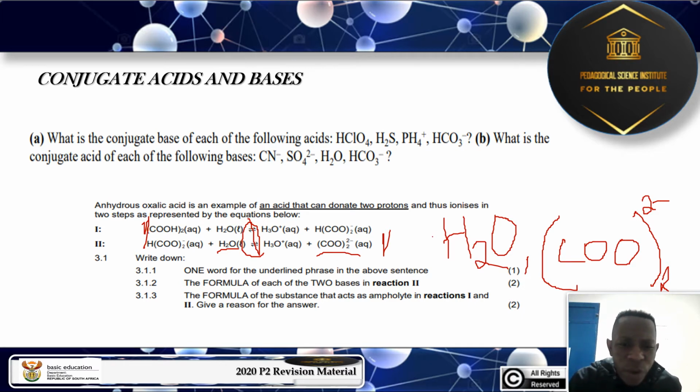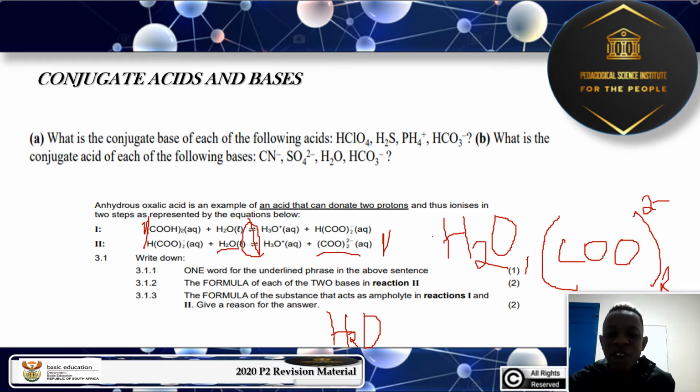You can see that H2O in the first reaction acts as an acid, but in the second reaction it acts as a base. So the formula they are asking us to provide is H2O. Give a reason for your answer: because in the first equation it has acted as an acid, then in the second equation it has acted as a base. That's how we encounter these types of questions.